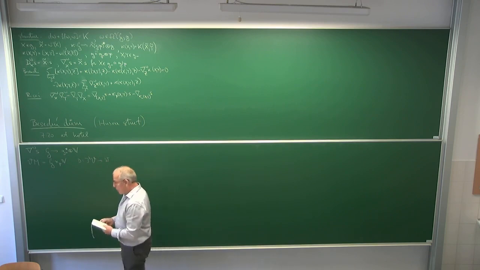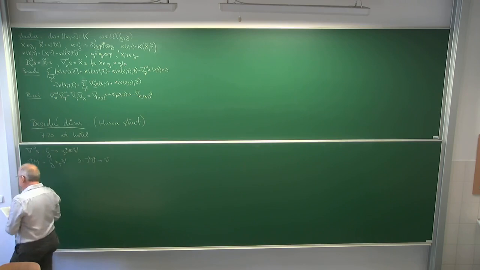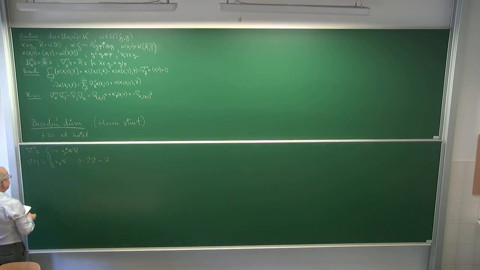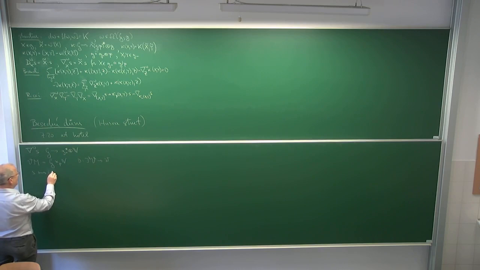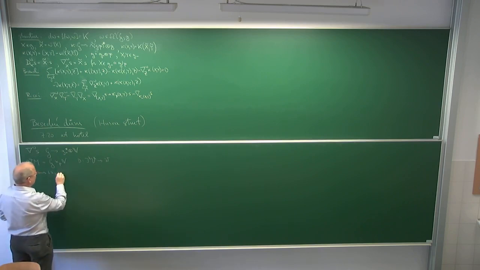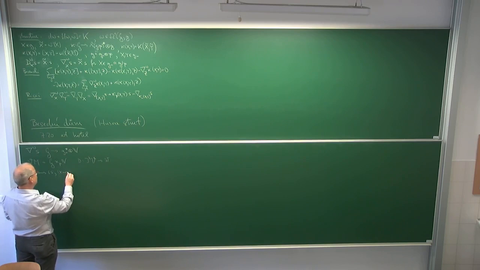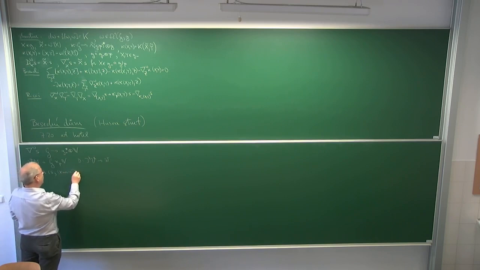Now, what can we do in our situation? In our situation, we can simply say that we take S and we map it to S, and here will be a morphism which takes X and maps it to omega minus 1 of X applied to S, right?